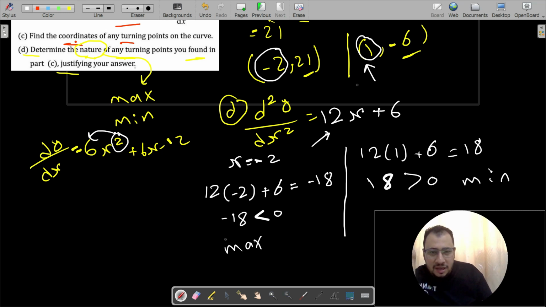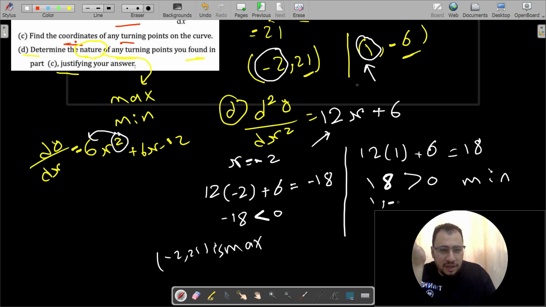What is maximum? Here the point is (-2, 21) and it is a maximum. The other point is (1, -6) and it is a minimum. The steps you just did are how to justify your answer. Okay, this is minimum.